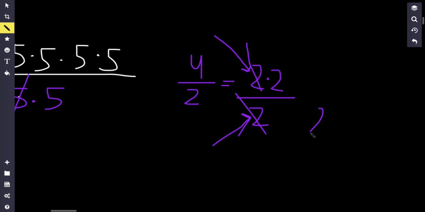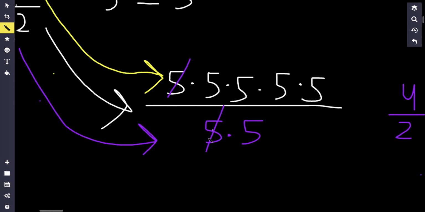If you had something like 2 plus 1 divided by 2, you can't cancel it out because it's not multiplication. However, in this example, it's 2 times 2. This is multiplication, meaning that you have a common 2 in the numerator and a common 2 in the denominator. This is the same thing as 2 times 1. So both multiplication, both common terms, you're able to cancel it out.